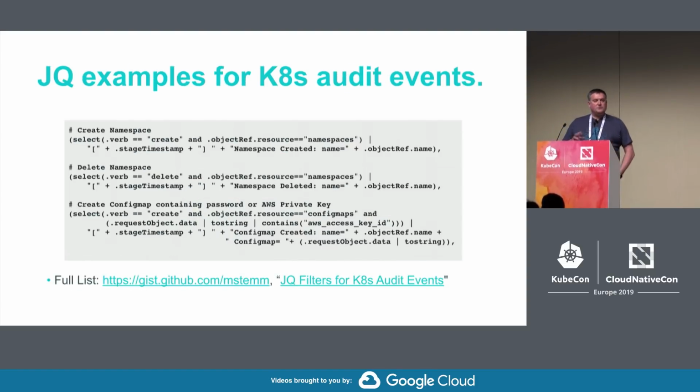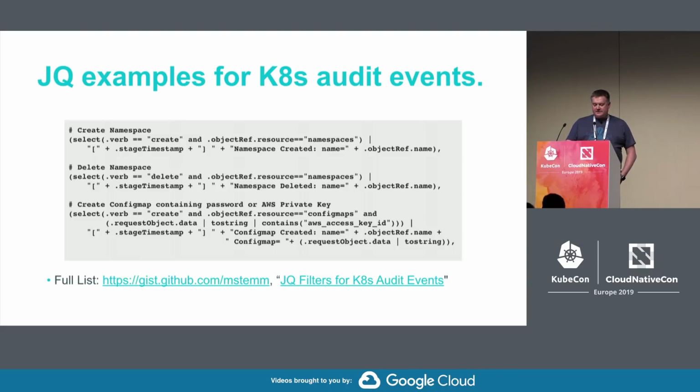Okay, so once we have JQ, we can basically build up a bunch of filters that work on the log file to extract interesting information out of the audit stream. So here are some examples of what you can do using JQ. The first example is, let's say I want to find out anytime somebody creates a namespace. The first line is what we're going to do the selecting on. We're going to say, show me the objects where the value of the verb property in the object is create.